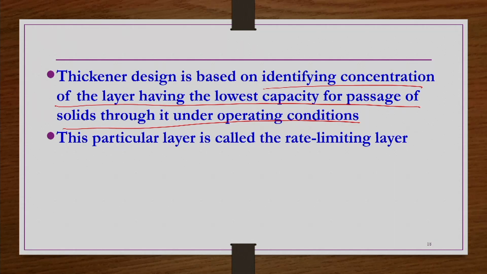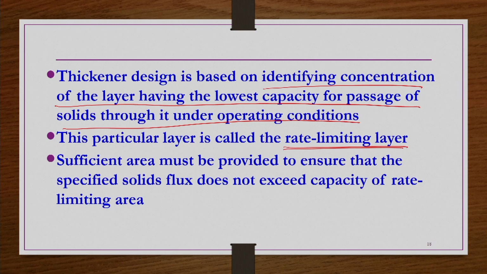This particular layer is called the rate limiting layer, right. Sufficient area must be provided to ensure that the specified solid flux does not exceed the capacity of the rate limiting layer. If solid flux exceeds the capacity of this rate limiting layer, then obviously particles will enter the upper layer and gradually appear in the overflow, right.